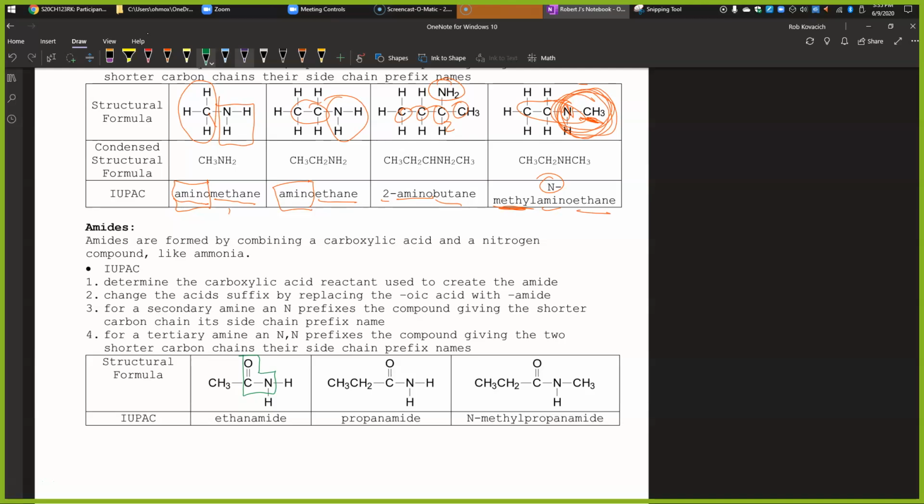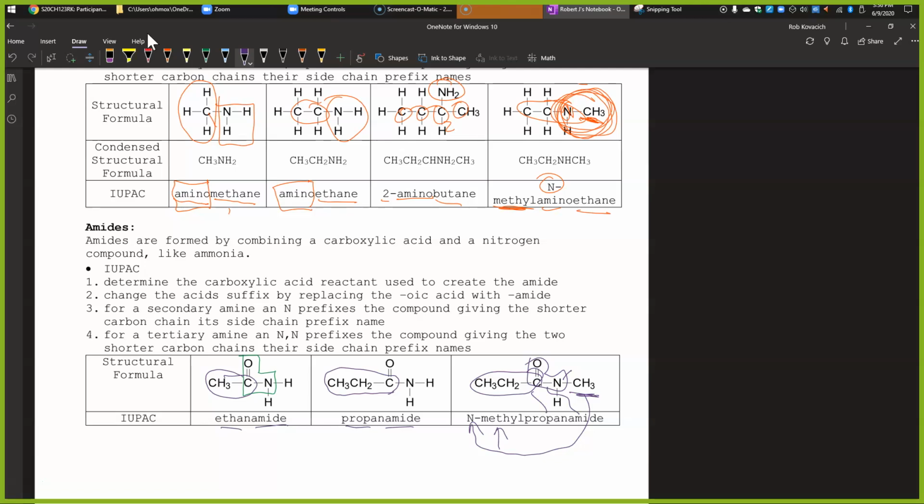But since this thing is 2 carbons long, I say ethane and then amide. And then this one is propane amide because it's the same situation, but it has 3 carbons on it. And what I did with the next one is I kept my propane amide, but then I also added a methyl group to the nitrogen. So then I have to say, on my nitrogen, I also have a methyl side chain.